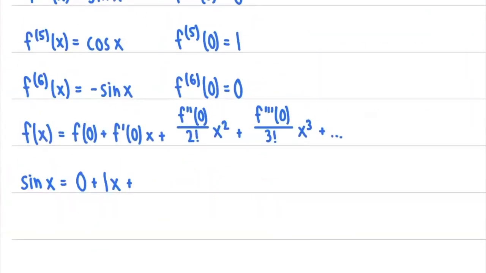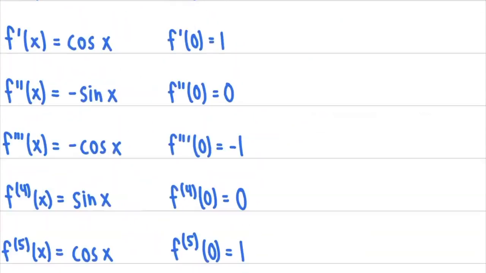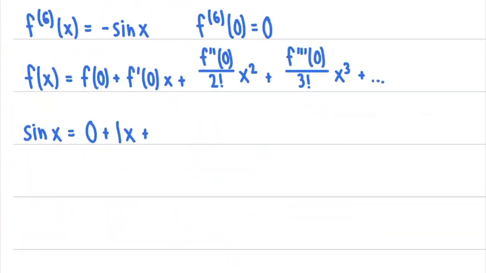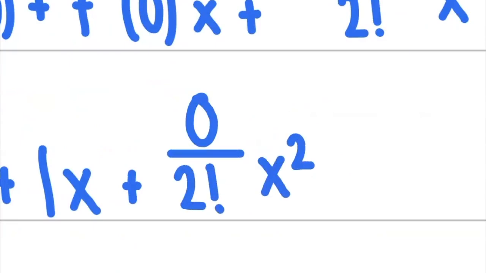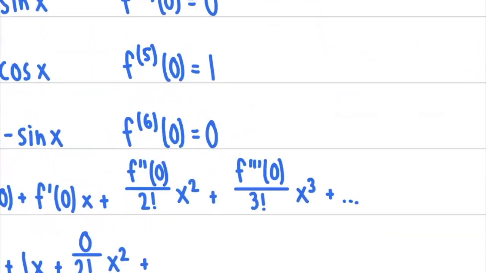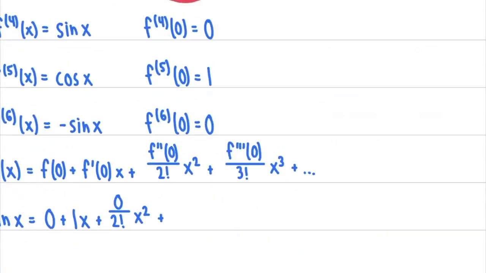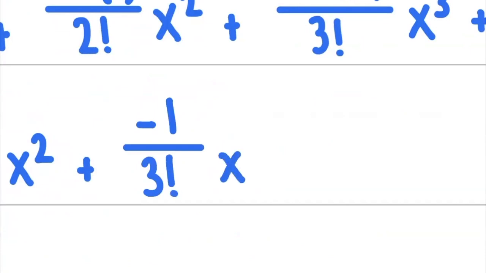plus f double prime of 0. It's an even derivative. We saw that right here. So it's 0. I'll just write the whole thing. 0 over 2 factorial times x squared plus the third derivative at 0 is -1. So that's -1 over 3 factorial times x cubed.